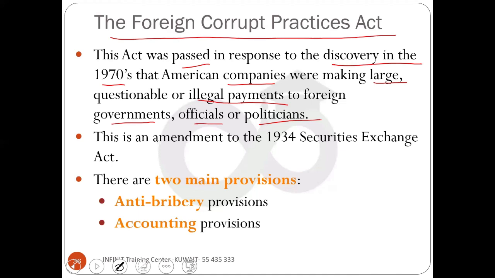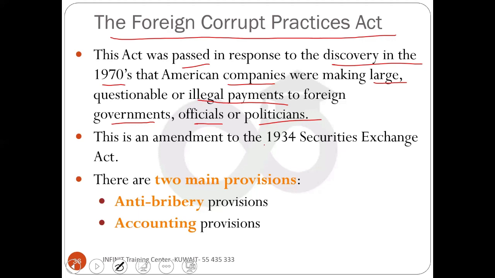They were making inappropriate payments to governments, government officials, or politicians. This is what we call the Foreign Corrupt Practices Act. This law was made to stop those kinds of activities.